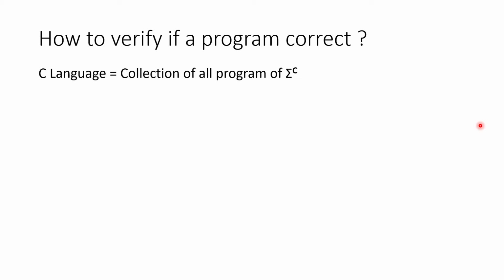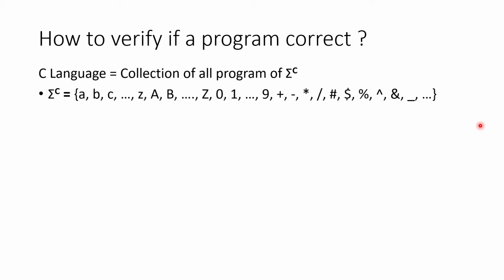So what do we have in sigma C? Sigma C contains small a to small z, capital A to capital Z, 0 to 9, all the mathematical and logical operations, and many more. As we write programs, we frequently use all these symbols when writing a C program. So these, as a set, basically represent sigma C.